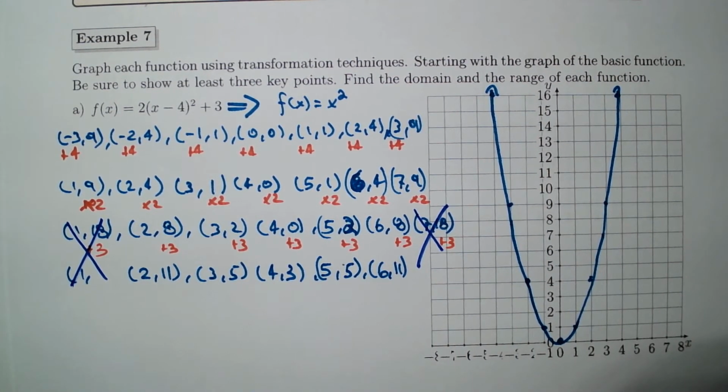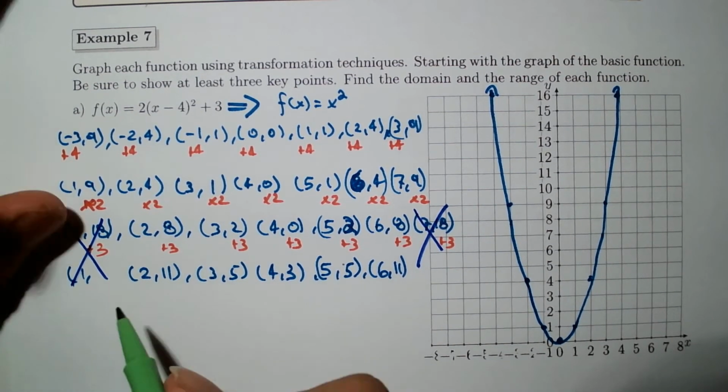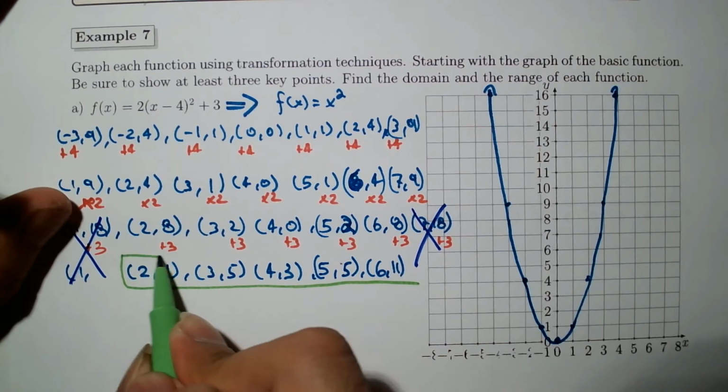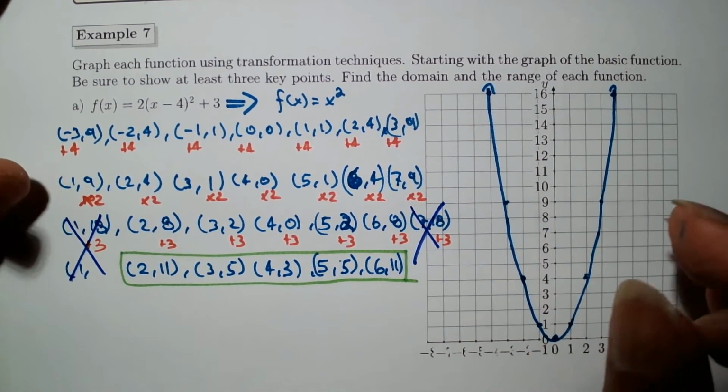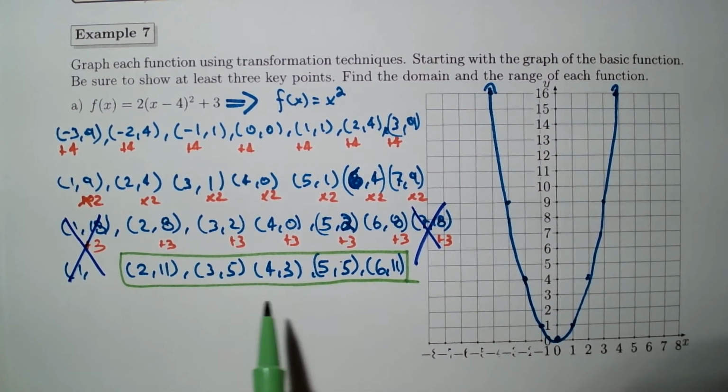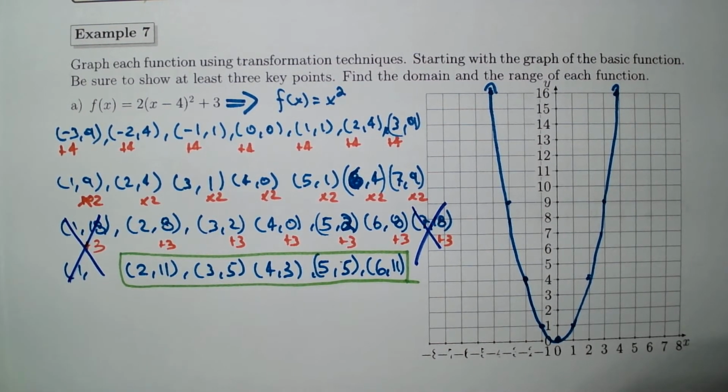So I'm going to plot these new points. I'm going to use green in this case. Let me box them with green. All right, it looks like I chose too many points in this case. In the next examples, I'm not going to choose too many points.